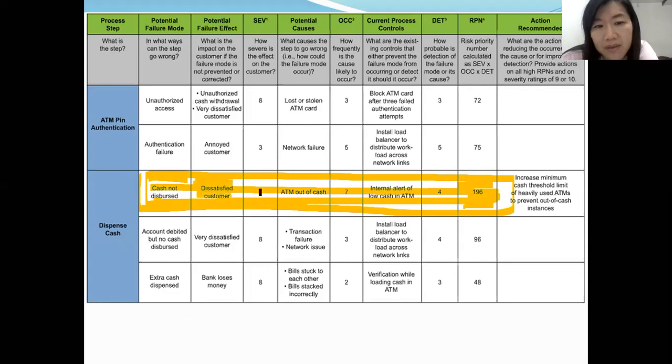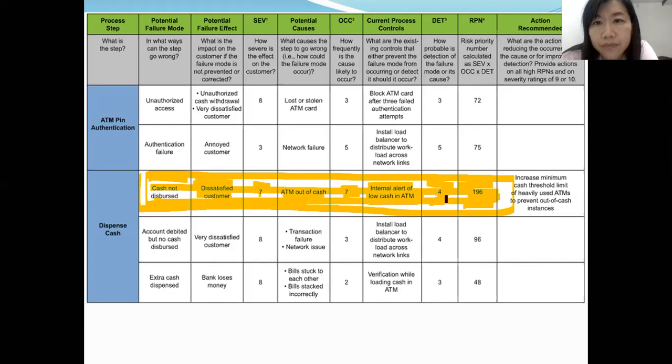So people put it severity level 7. And then what problem? There's no money in the ATM. How come the money came out if there's no money inside the ATM? So occurrence, it often happens. Why? Because the company didn't have an alert system to let them know that the ATM is already low on cash.